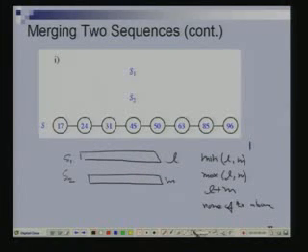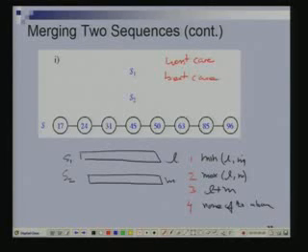Which do you think is the right one? Min? Tell me, what will the worst case be? What will the best case be?